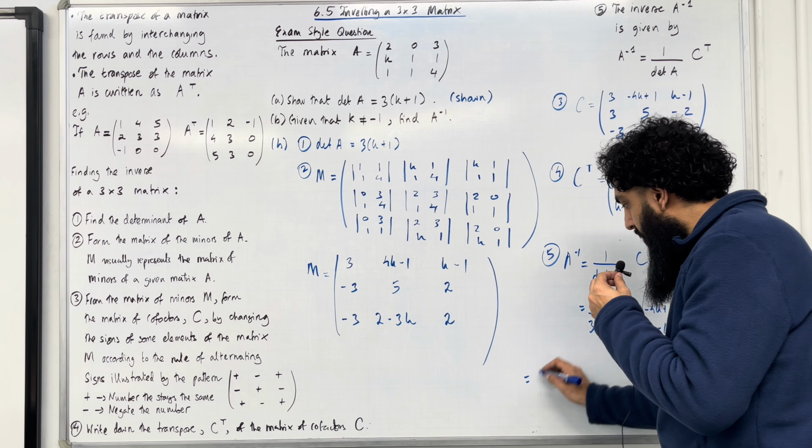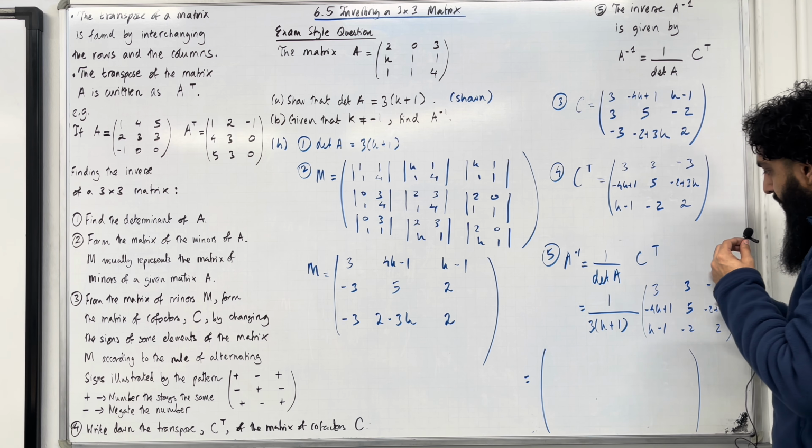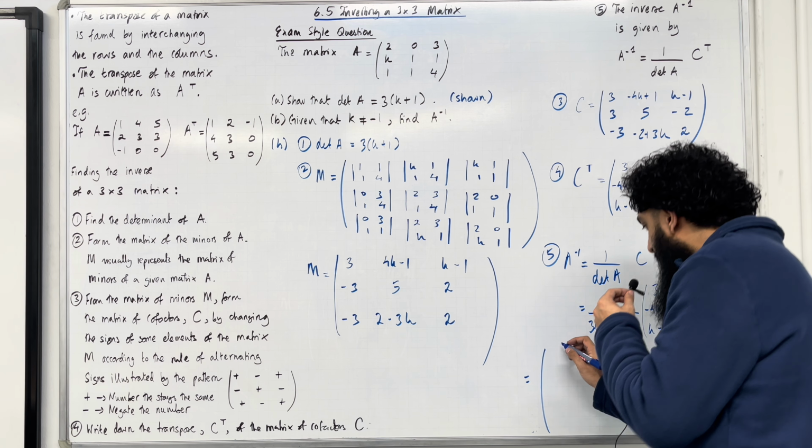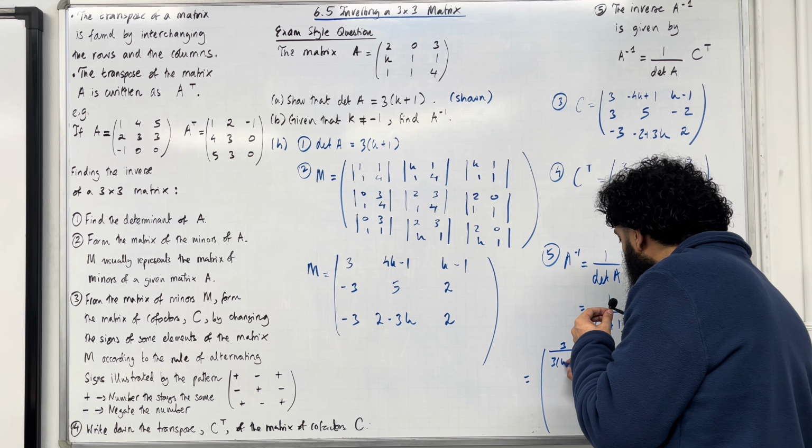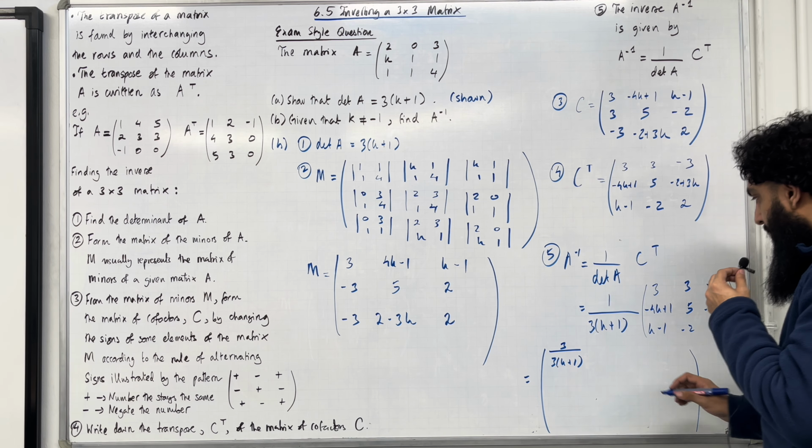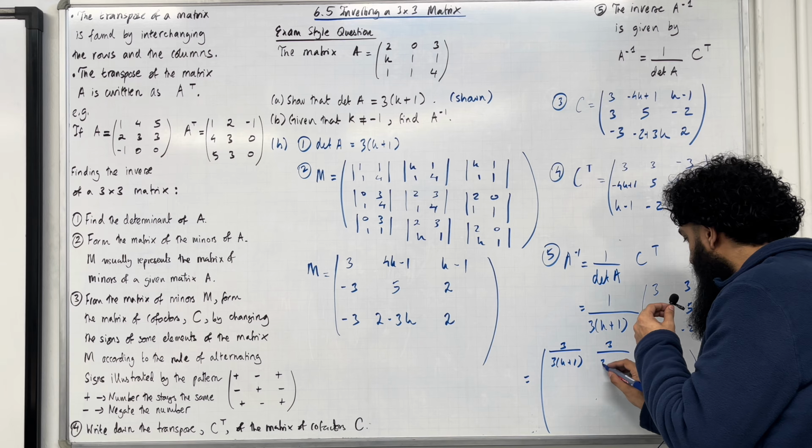So I can simply take each of these entries and multiply it by that. So I've got 3 over 3 multiplied by k plus 1, and so on.